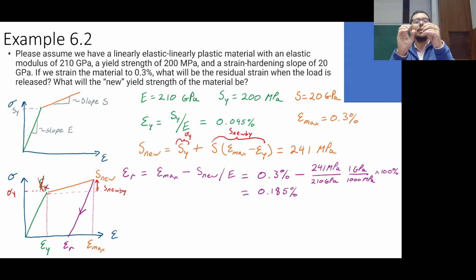And I actually get tug of wars. What's happening is that I yielded some of the material in tension, and I also might have yielded some of the material in compression. I end up with residual stresses inside such that part of the material wants to go back to its original shape.